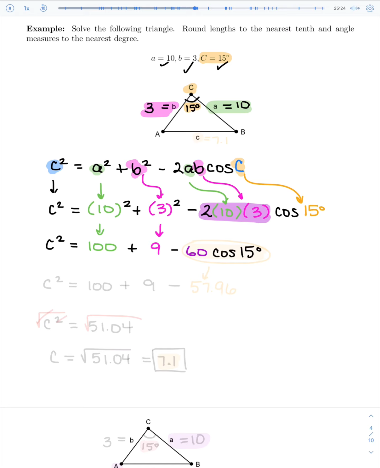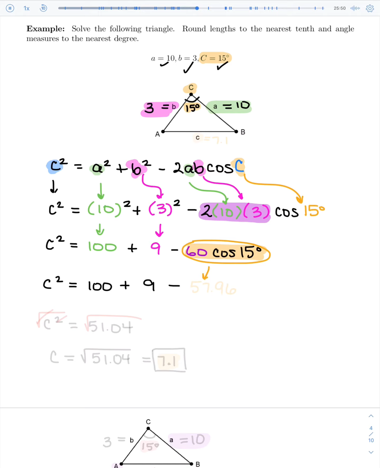Order of operations, though, is going to make us do that 60 times cosine of 15 degrees first before we do anything else. So let's go ahead and get that started. We've got C squared equals 100 plus 9 minus, and let's figure out what that 60 times cosine of 15 is using our calculator.